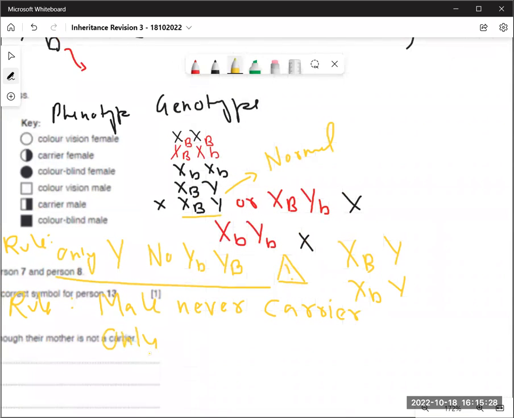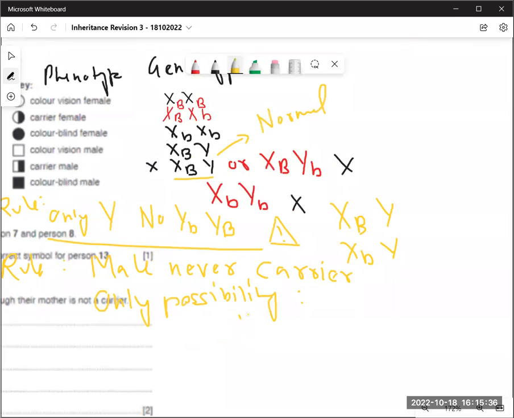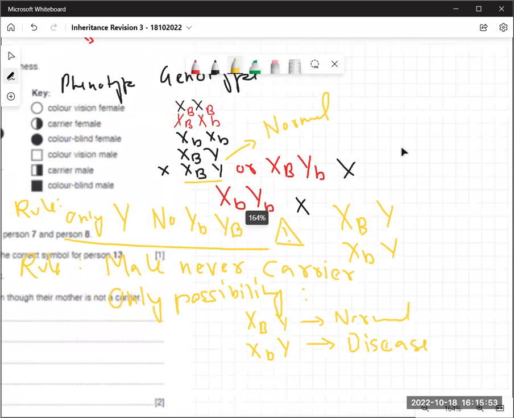Write these two rules in your notebook. The only possibility is X capital B and X small b. This one is normal and this one is colorblind, let's say mutant or disease.